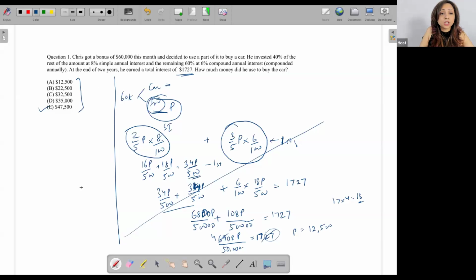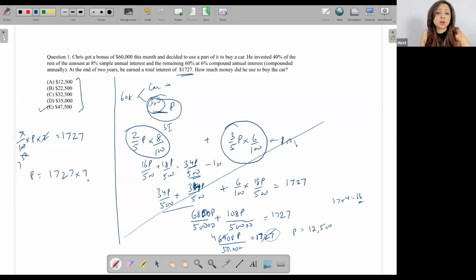All right, so then all I'm going to say is 7% of P for 2 years is about 1727, so this becomes 7 upon 50. Now I know 7 upon 50 is very close to 1 upon 7. I'm approximating, it's okay, it doesn't matter, the options are really far apart. So I say this is 1 upon 7. Then P is equal to 1727 into 7.